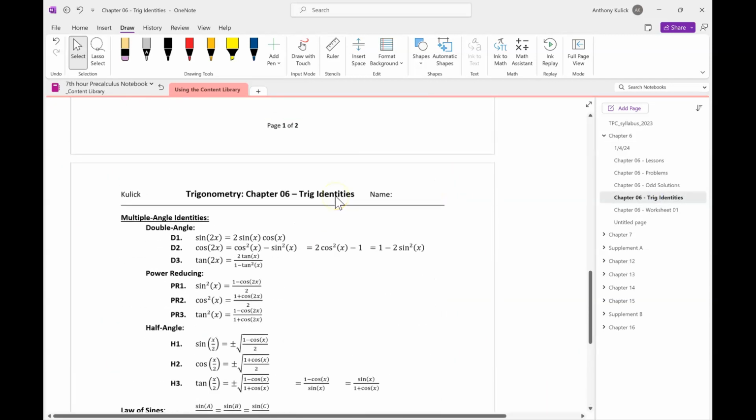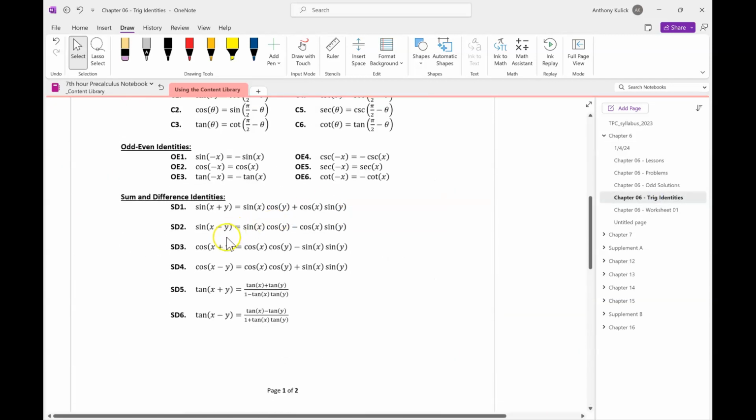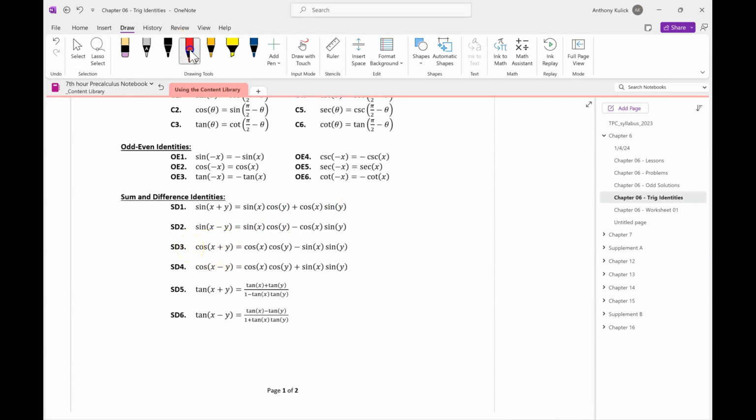So what I'm going to do now is go look at my cosine of x plus y. In our case, we said x was 30 and y was 45. So on my paper, I'm going to write cosine 30 times cosine 45 minus sine 30 times sine 45.